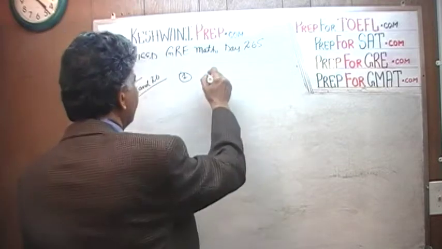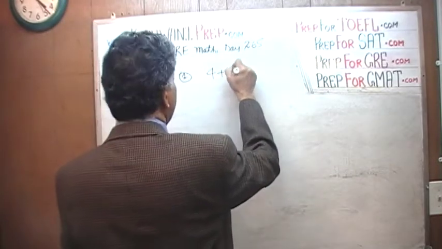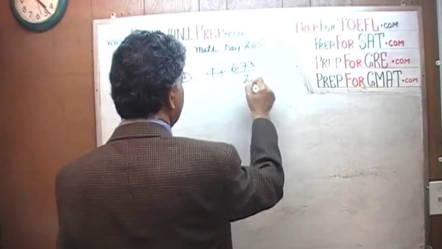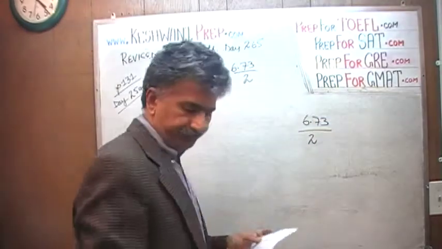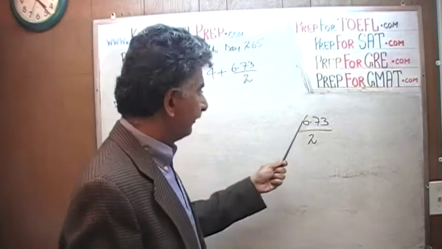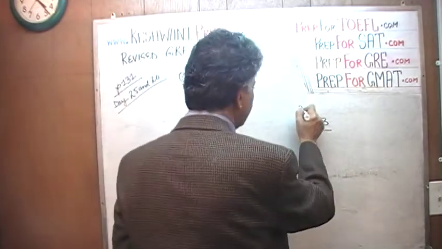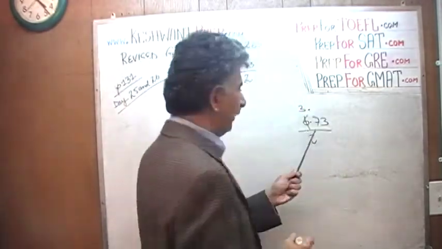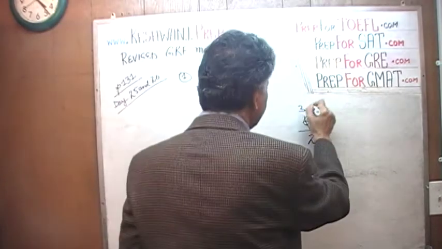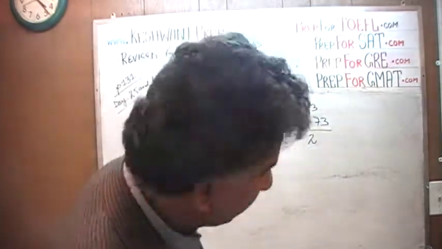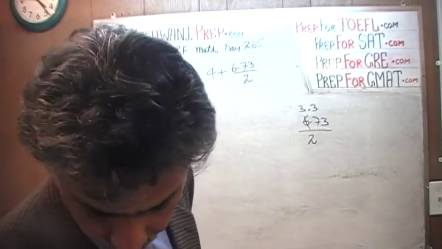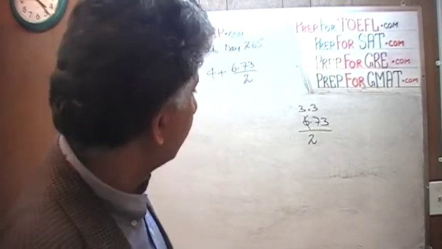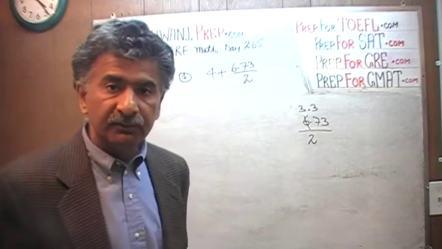The very first one is 4 plus 6.73 over 2, 6.73 divided by 2. How many 2's in a 6? 6 has 3 2's. There is your decimal. How many 2's in a 7? 7 has 3 2's. The remaining one goes and joins the 3, becomes 13.